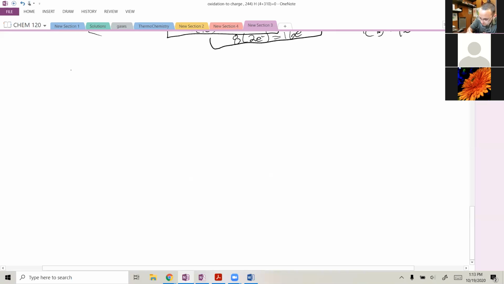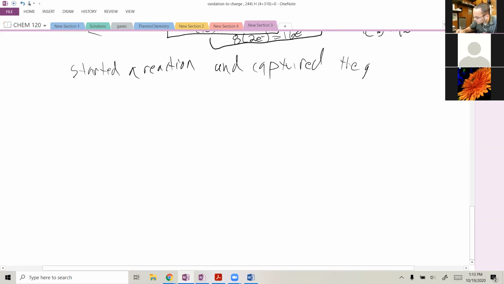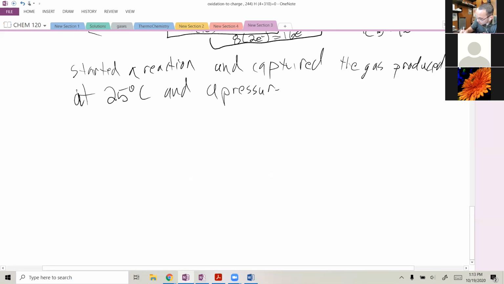We started a reaction and captured the gas produced at 25 degrees Celsius and the pressure of 764 millimeters of mercury.